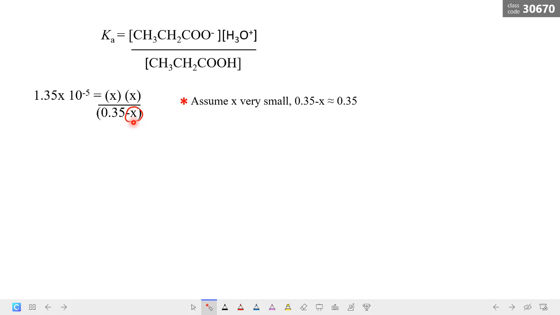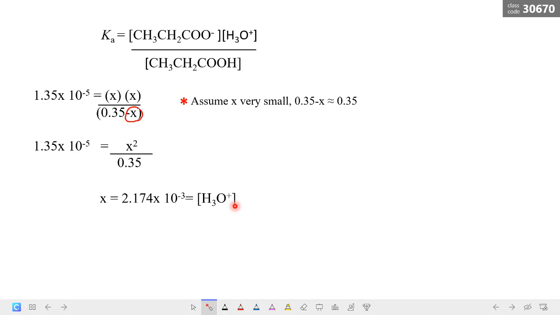Jadi, kita abaikan minus X yang kat bawah ini. Substituting into the equation, X squared divided by 0.35 equals 1.35 times 10 to the power of negative 5. Now you are going to solve for X. Kenapa kena buat assumption? Sebab nak memudahkan kita kira.